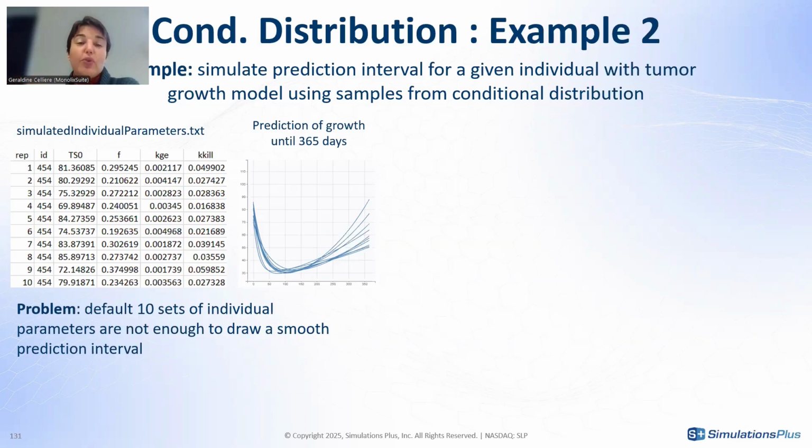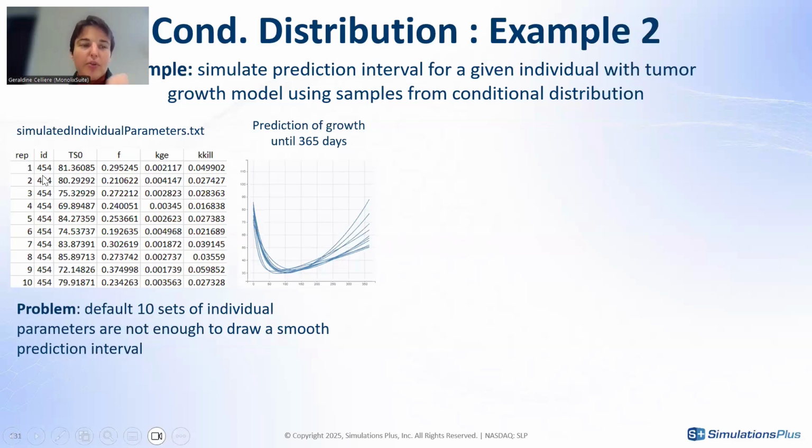And I would really like to know the uncertainty for each individual, and the uncertainty is captured in the conditional distribution. So what I would like to do is to use several samples from the conditional distribution, simulate the trajectory with all these samples, and see how my individual could evolve after the last observed time point.